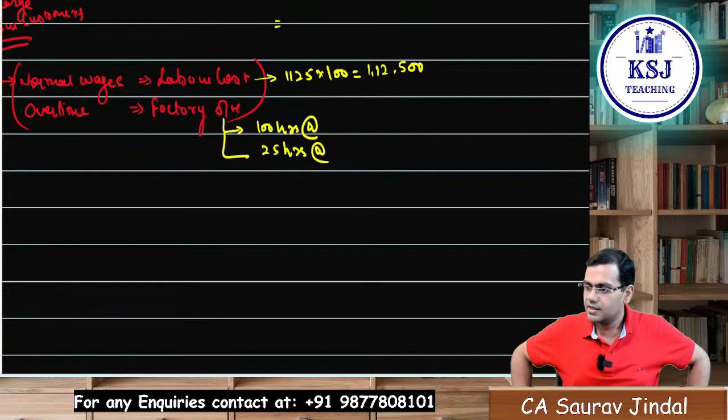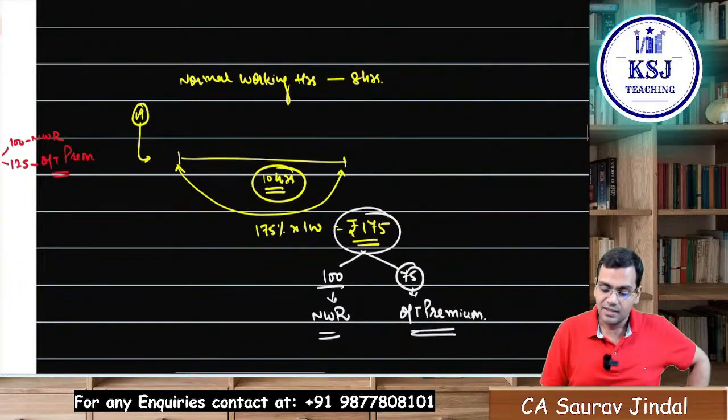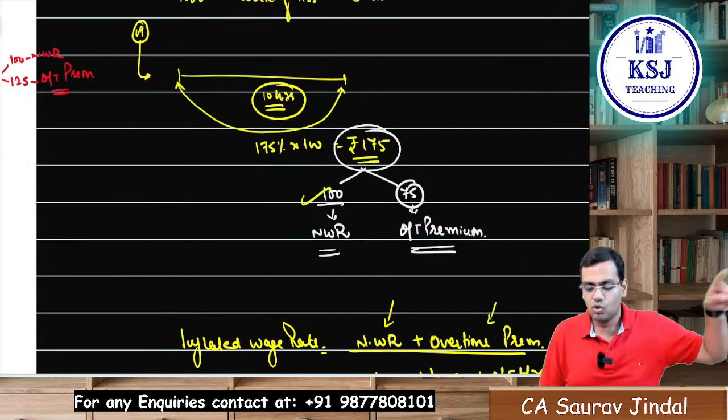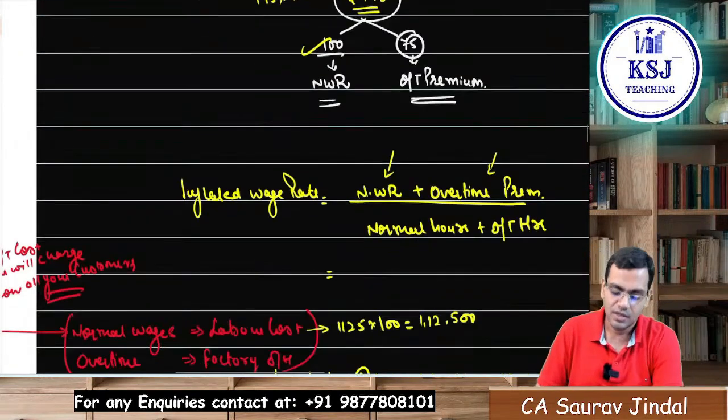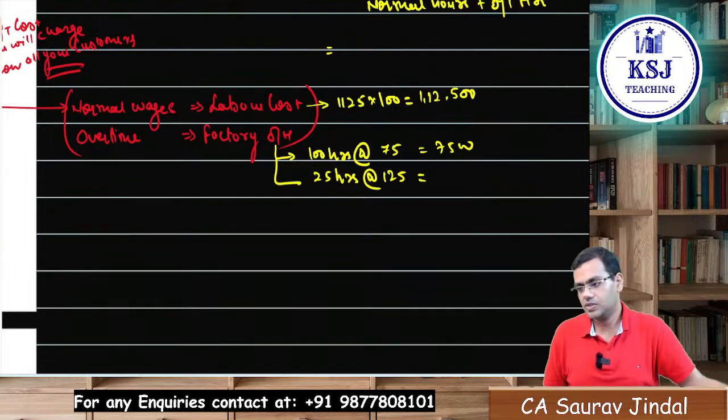Great. Correct. You people are absolutely correct. That is why I explained at the very beginning that out of this 175, 100 is the normal wage rate. Overtime is only 75 rupees. So here the overtime will be only 75 rupees, right? That is 7500, and here it will be 125 rupees. Clear?